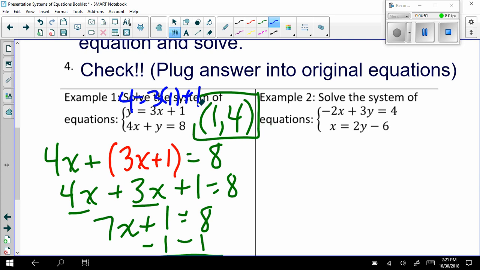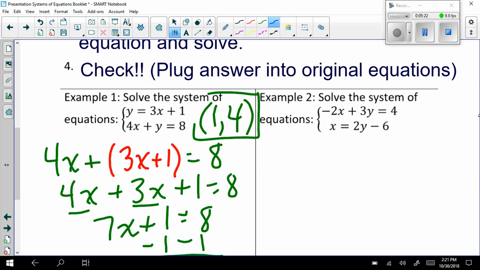If I plug it in on the other one, 4 times 1 plus 4 equals 8. And hopefully you can see that that also works. So that blue is just me checking my answers. I'm going to erase it because it makes everything look messy. I usually do that part in my head. You might need to write it down if you need a little bit more practice than that.